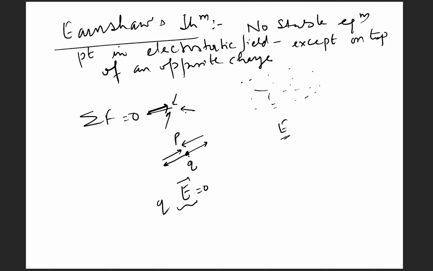Similarly, if I move it here, the restoring force should be like this. Similarly, if I move it here, the restoring force should be like this. So it means that around this point P, the direction of field should be inward towards this point, radially inwards towards this point.